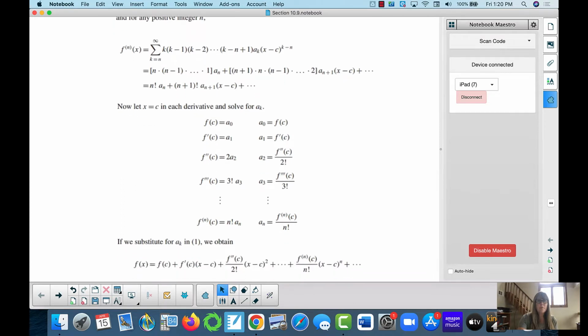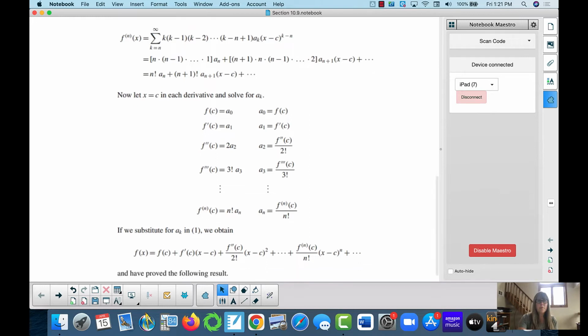Well, if we solve for a sub 0, a sub 1, a sub 2, a sub 3 in each of these equations, we end up with a sub 0 is f of c, a sub 1 is f prime of c, a sub 2 is the second derivative evaluated at c over 2 factorial.